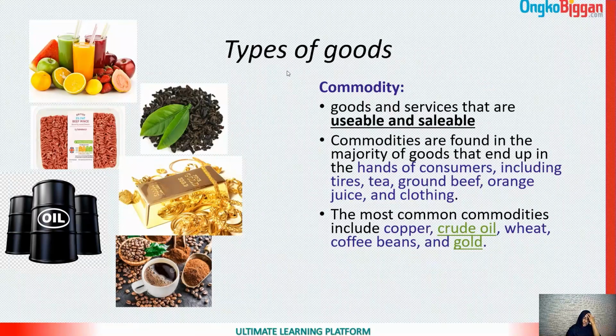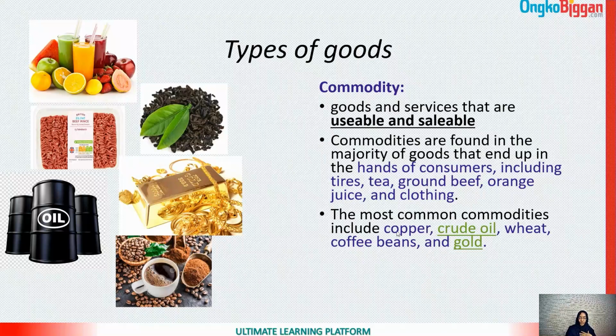Do you understand? Commodities, suppose for beef meals, ground beef, the main product is beef. For tea, we consume tea, but it comes from the tea leaves. We consume gold rings or bangles or any kind of ornaments, and these come from the gold bar. We consume coffee, it comes from the coffee beans. We consume juice that comes from the fruits.